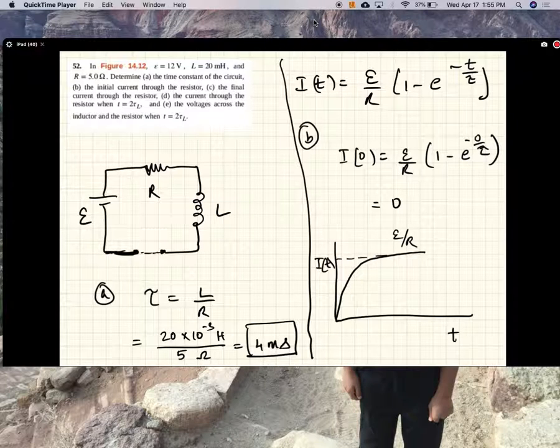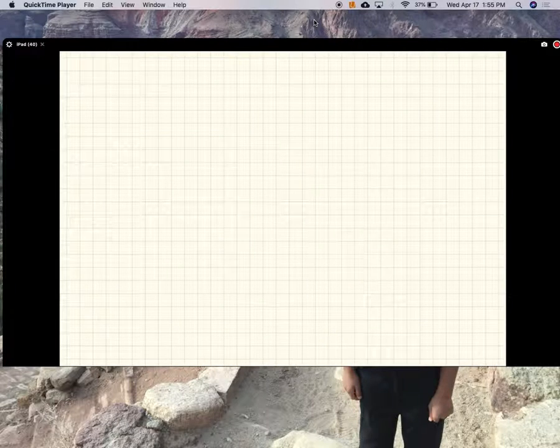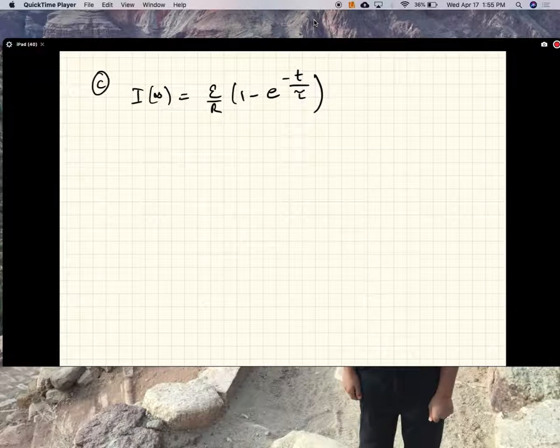C, what does C say? The final current through the resistor. So the final current is the current at infinity, which is E over R times 1 minus e to the power of minus t over tau. Okay, so we'll be a little more precise.